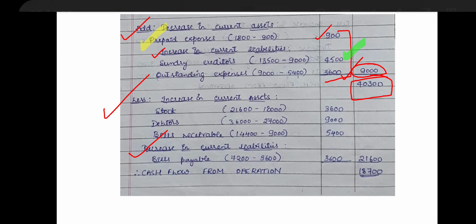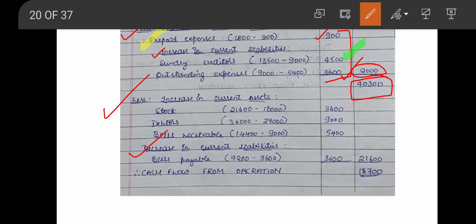So increase in current asset, stock, debtor and bills receivable, and you need to find out how much has been increased. The difference amount, 21,600 minus 18,000, it is 3,600. So the difference amount you need to write in the inner column. Under decrease in current liability, only one current liability amount has been decreased, that is bills payable.